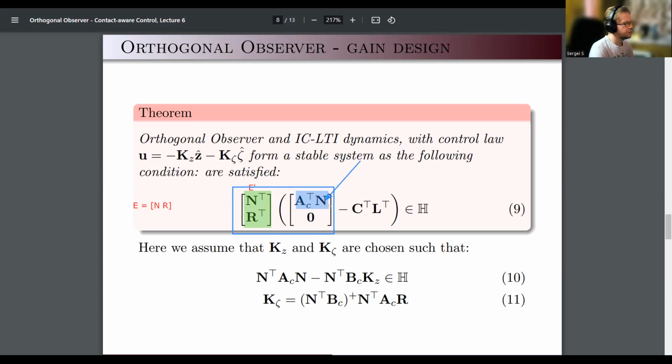This guy has the same number of columns as N, and N has the same number of columns as the null space of G. So let's define this as K. So K is the dimension of the null space of G. Okay, K is less than N.